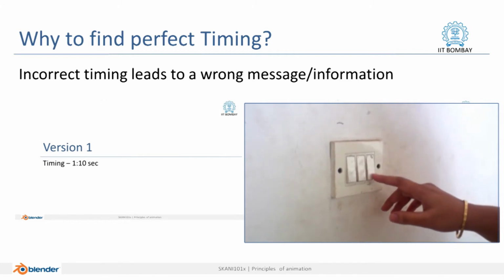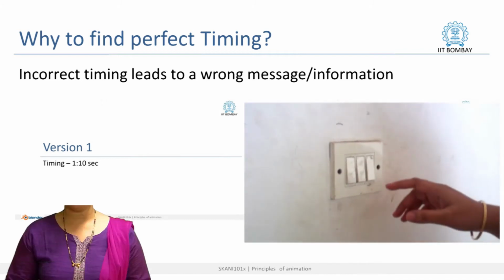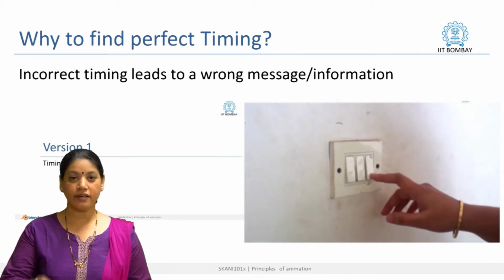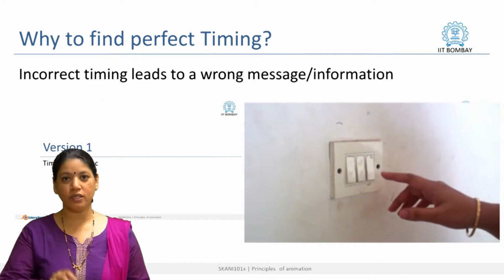For example, in this video, that lady is lifting her hand very slowly and even pressing the button very slowly. We feel that there is some problem with her hand, or she doesn't want to press that switch, or something is going on in her mind. This is how, because of incorrect timing, we get wrong information. And if we give correct timing, it gives proper information to the audience.